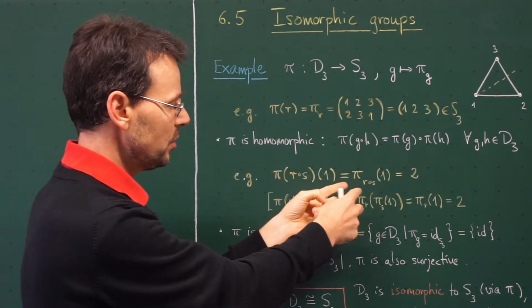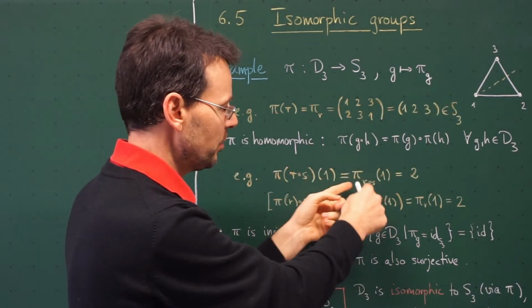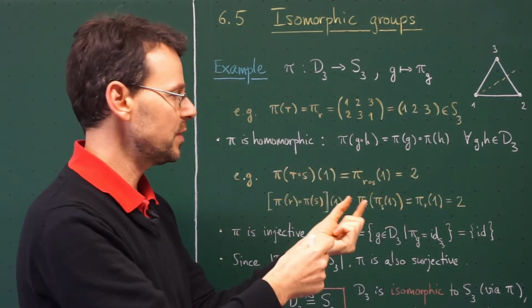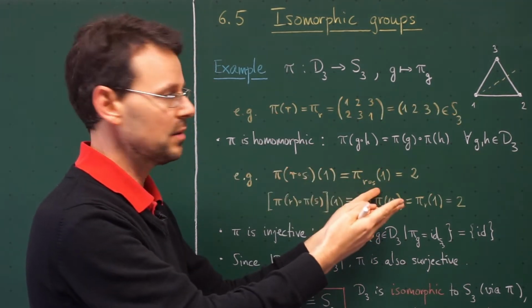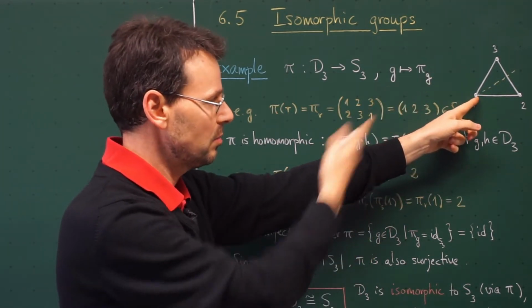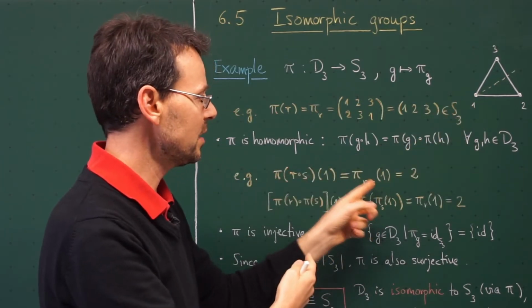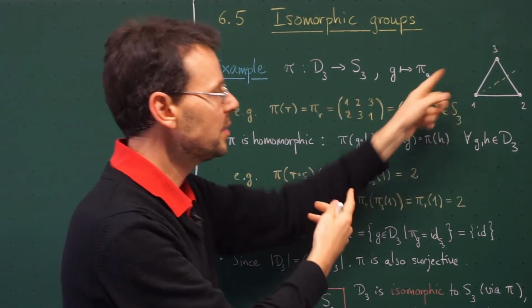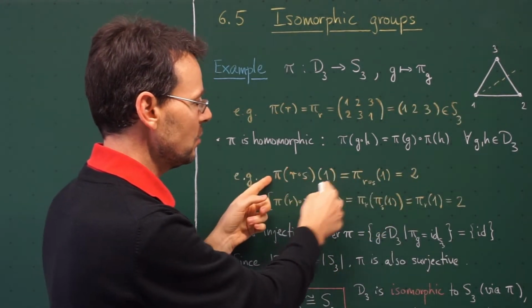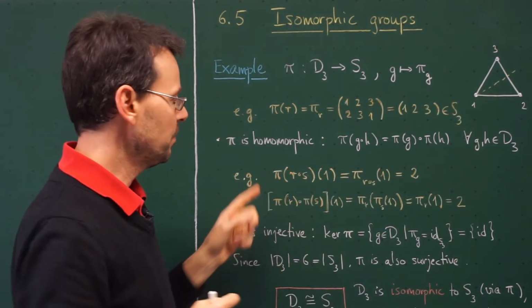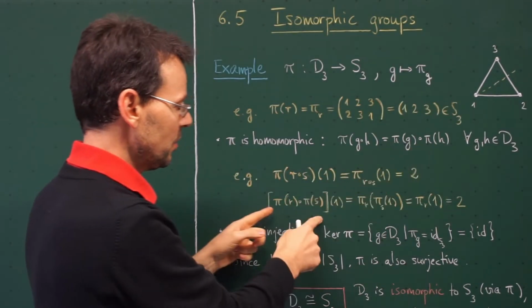So by definition, this is the permutation induced by this composition. So we imagine that first we apply S, so nothing happens, because 1 is invariant under S, and then we apply R, so 1 gets rotated to 2. So the result of this here is 1 goes to 2. Now what is this composition here?